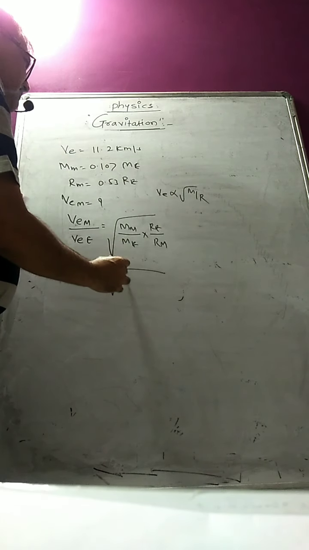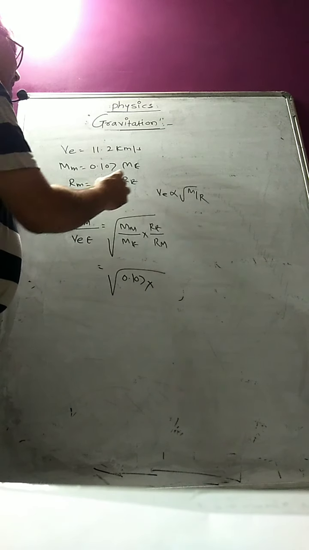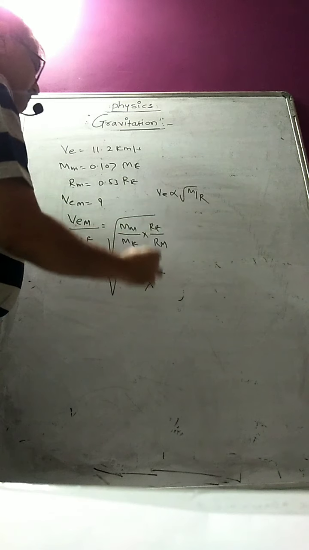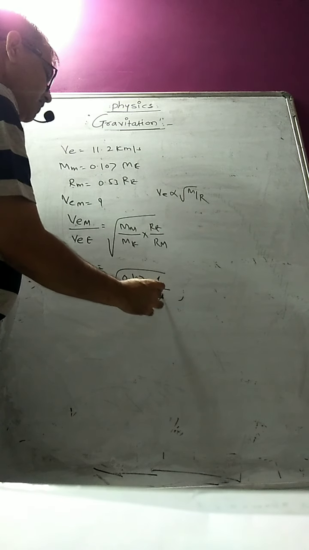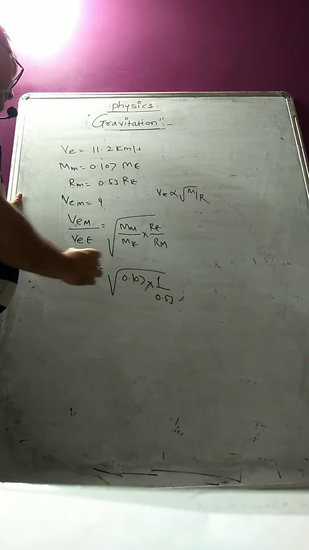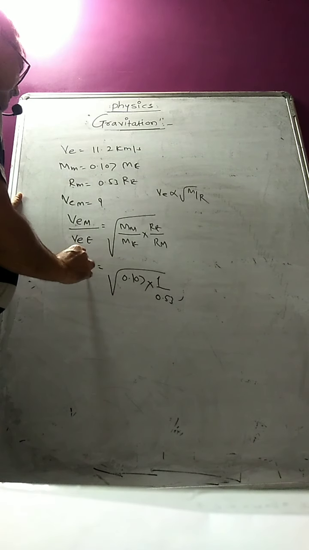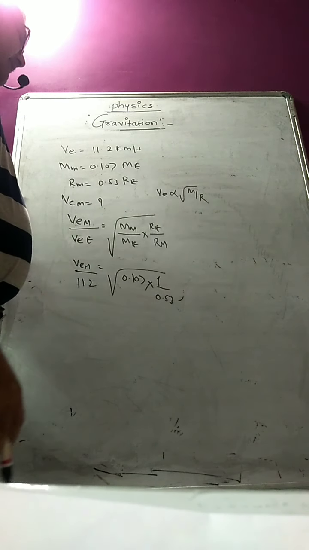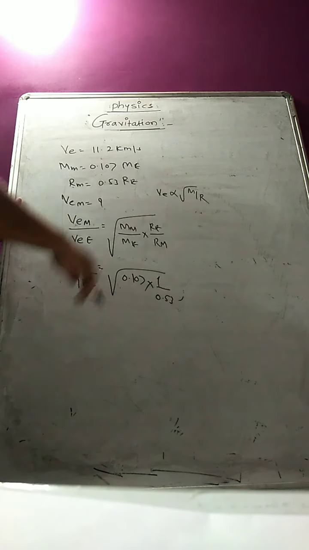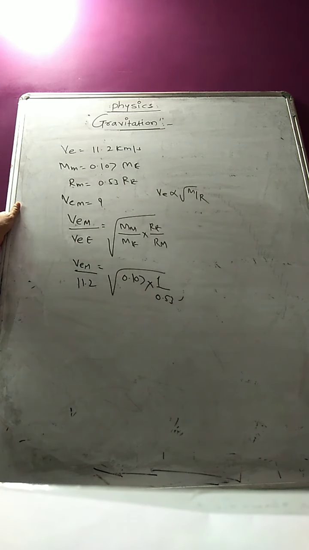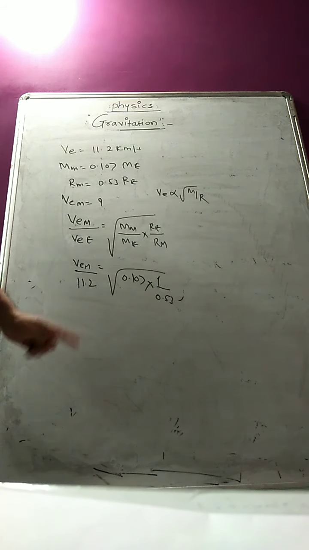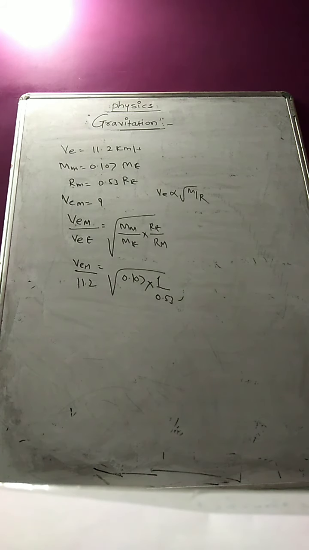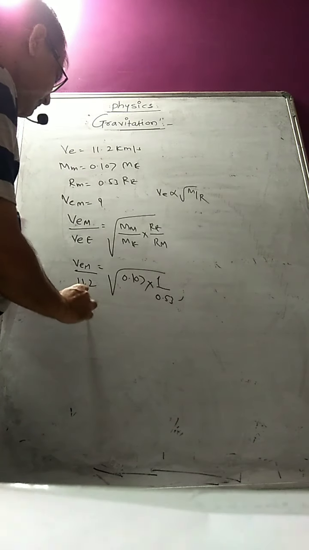Mm upon Me is 0.107 and Re upon Rm is 1 upon 0.53. Okay, आणि इकडे तुमचा Earth चा escape velocity होता 11.2 किलोमीटर पर सेकंड. ओके, आता याला एवढं कॅल्क्युलेट करून टाका मुलांनो. 0.107 upon 0.53 म्हणजे हा जवळजवळ 1 by 5 जातो बघा. Root of that into 11.2, म्हणजे उत्तर येईल मुलांनो तुमचं.